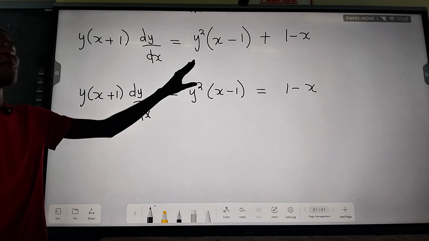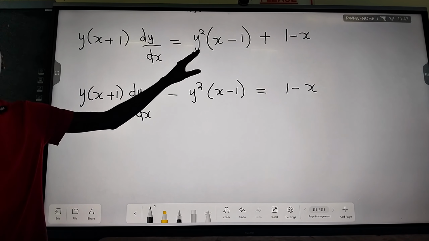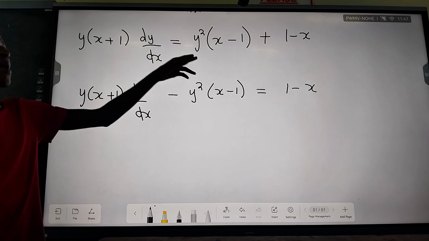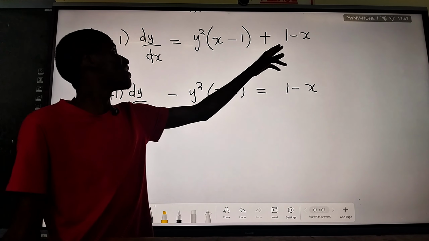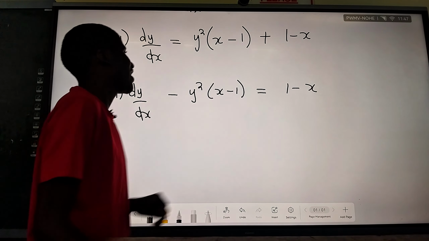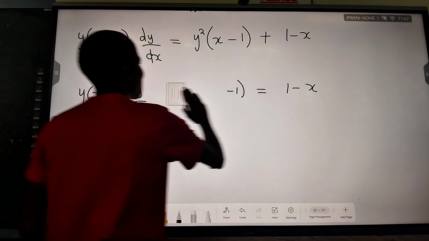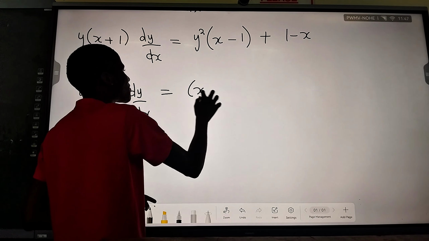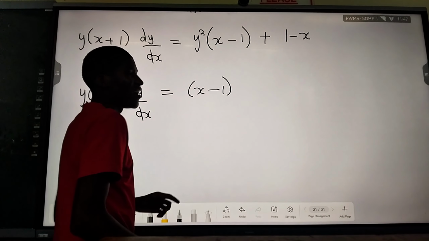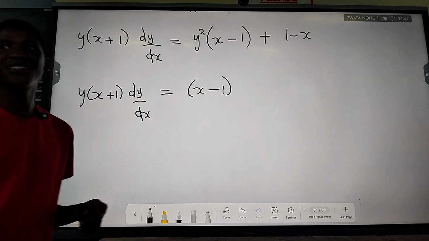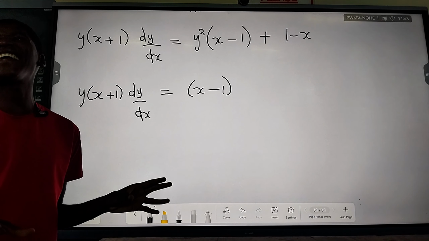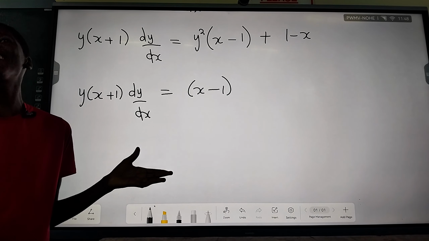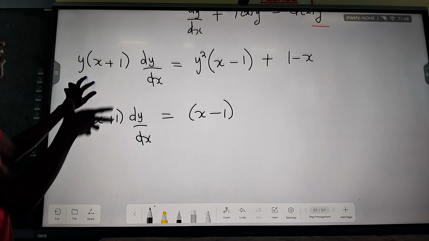All right, keep the common factor as we transpose now. Let x minus 1 be the common factor. But this is 1 minus x. Okay. So let's keep the common factor x minus 1 here. We are trying to simplify it so that it at least has a form we can see well. We know it is Bernoulli, but at least let's simplify it, because as it is we cannot work with it.